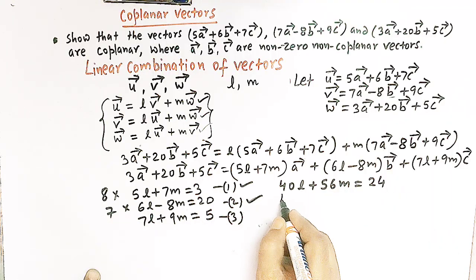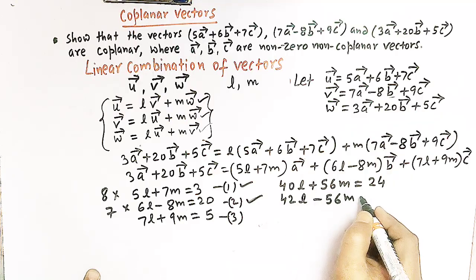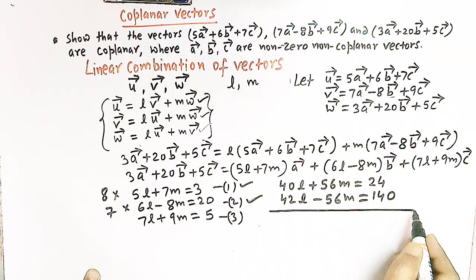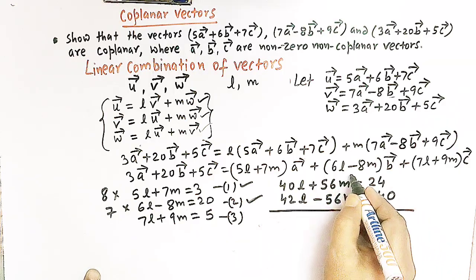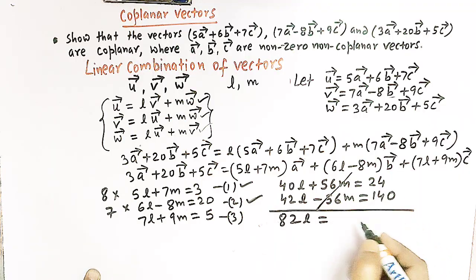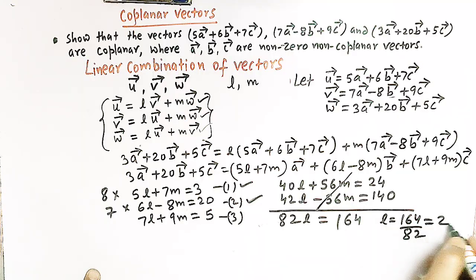And here we have 42L minus 56M, and here we have 140, right? So now if we add these two equations, then these two terms get cancelled, and here we have 82L equal to 164. So the value of L is 164 over 82, that is equal to 2, right?